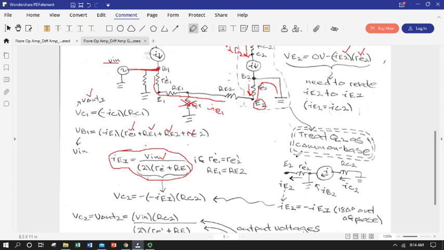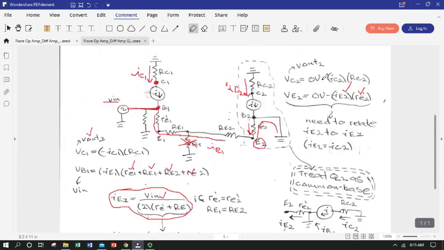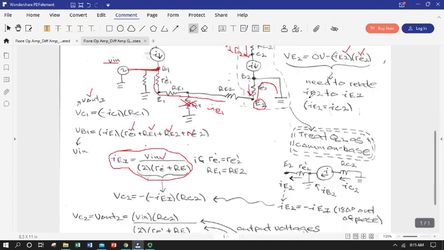Okay, so now we can relate IE2 and IE1 and go back over and say, I want an expression that's only written in terms of either IE1 or IE2, because I can't solve for two things. I don't want two variables. That'll make it impossible for me to solve.